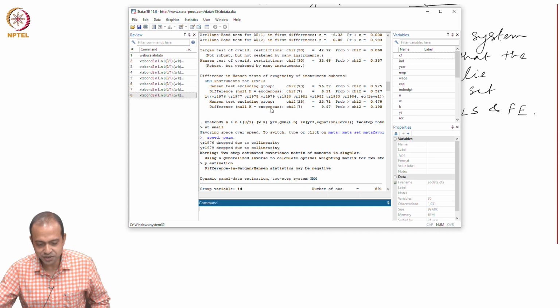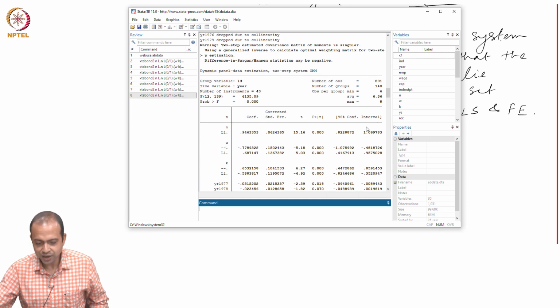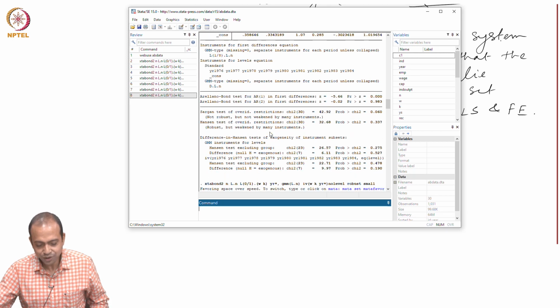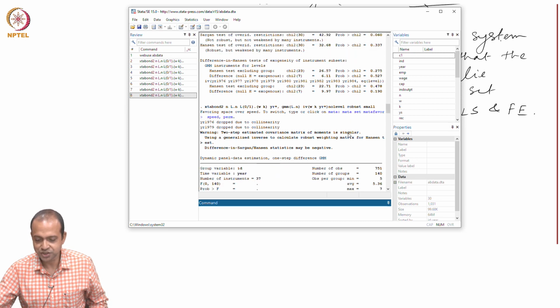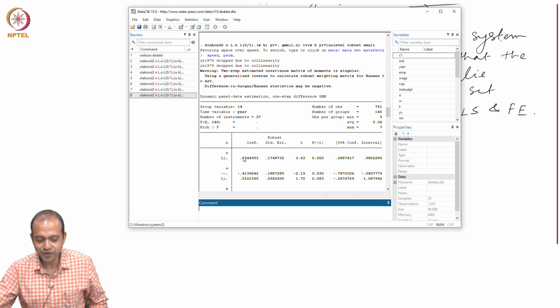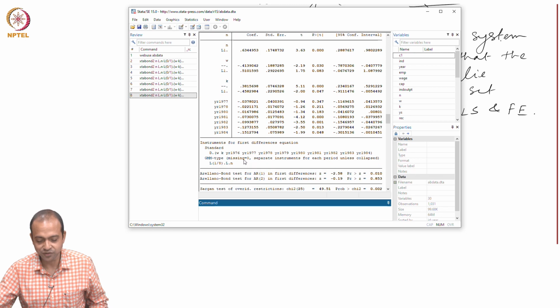Then we estimated the same two step system GMM with the two step correction and we got back the standard error to its previous value. Then what did we do? We did difference GMM one step, and the value is 0.63, not within the interval.